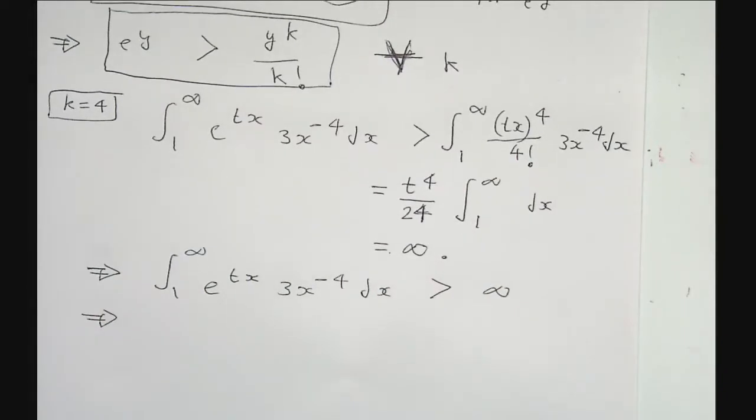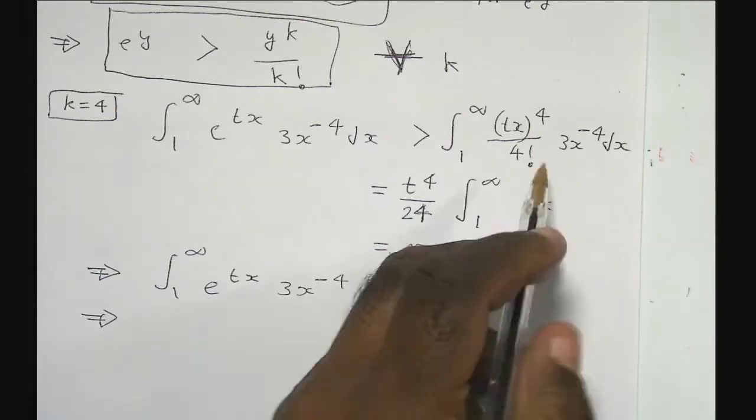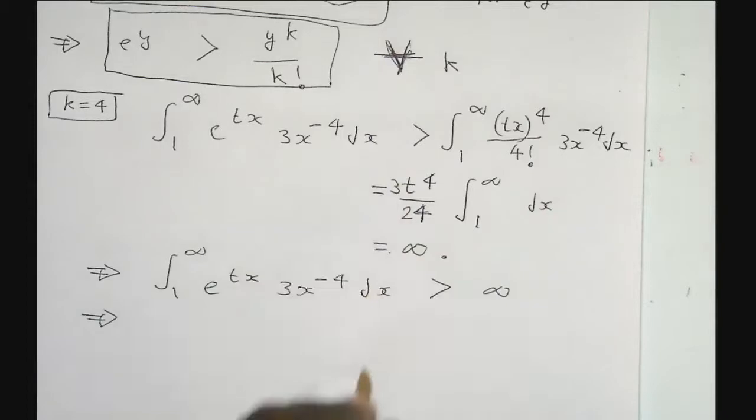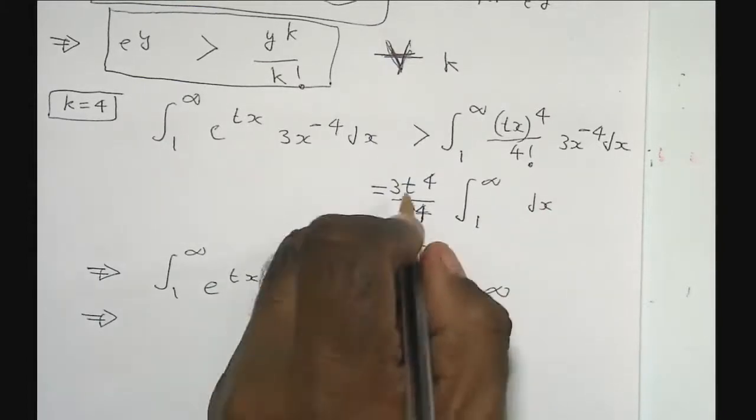Do you see what I've done? I chose k to be equal to 4. So this integral here is greater than this. And, oh, did I make a mistake? Yes. Oh, there's a 3 missing here. There should be a 3 here. All right. So 3 times, yeah.